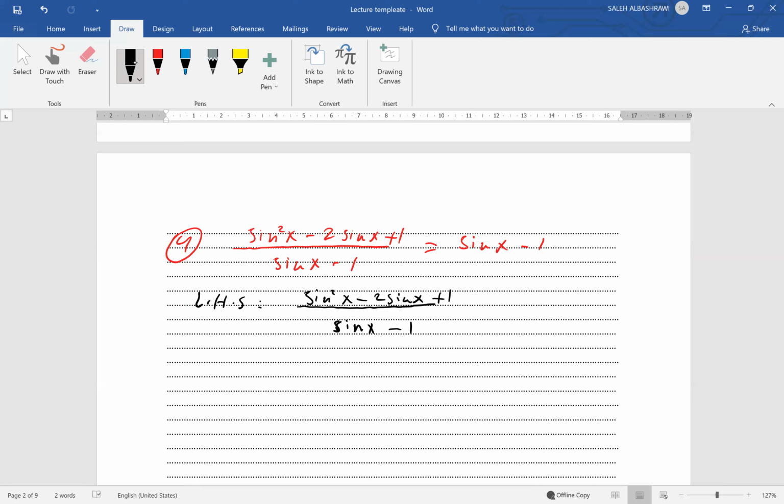For the numerator, we have sine square x minus 2 sine x plus 1. This is perfect square. Using the identity a square minus 2ab plus b square, this is equal to a minus b all to power 2.